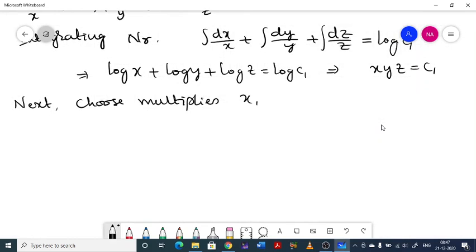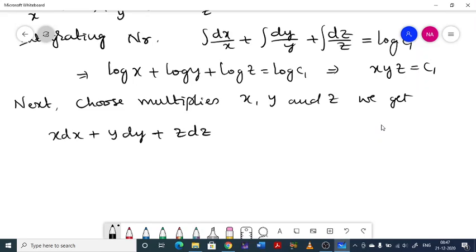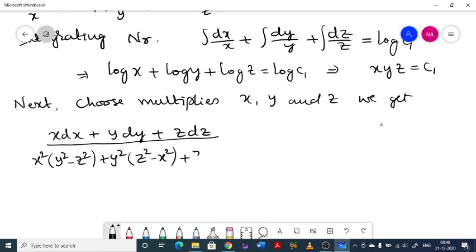Choose multipliers x, y and z. We get x dx plus y dy plus z dz divided by x square into y square minus z square plus y square into z square minus x square plus z square into x square minus y square.